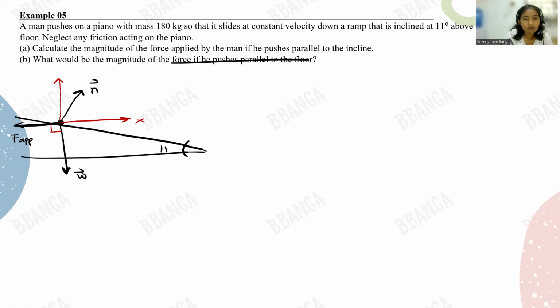So, ang mangyayari, if this is 11, this is 90, wait lang. Okay. So, this is 11, this is 90, this must be 79, so this must be 11, so figure out nyo na lang.